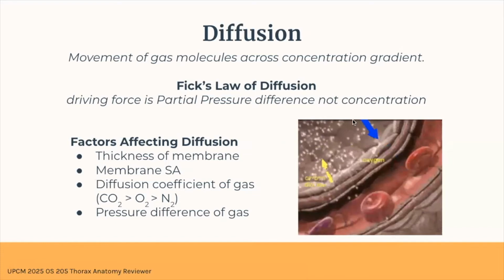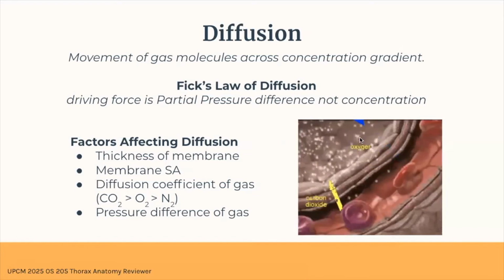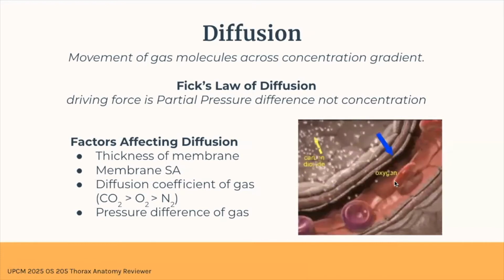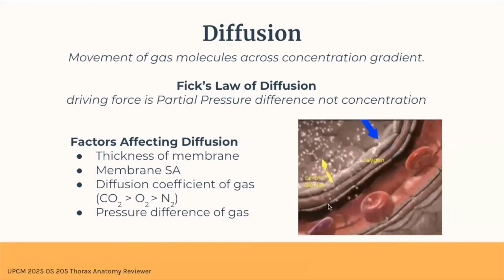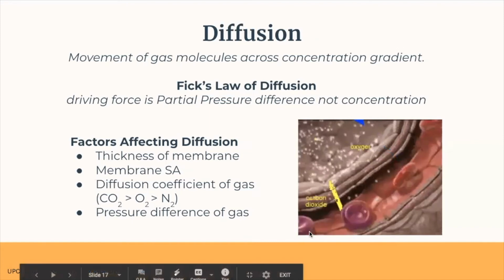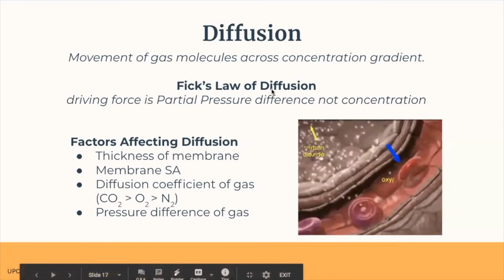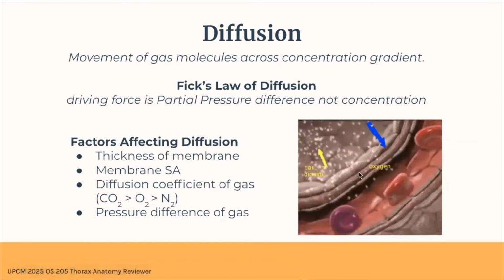Pagdating sa alveoli, sobrang laki pa rin ng concentration ng oxygen dyan. So, from higher to lower concentration nagmo-move ang diffusion. Baliktad naman for carbon dioxide, since mas malaki yung pressure niya sa blood than the alveoli, so it moves from your capillaries to your alveoli and out of the lungs. Kung makikita mo, baliktad sila ni oxygen.